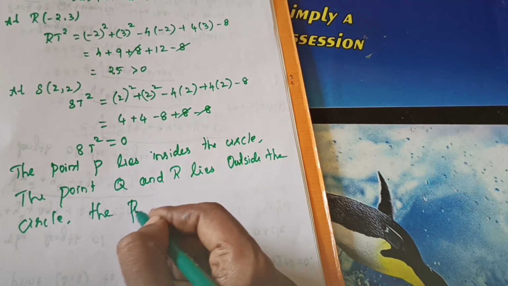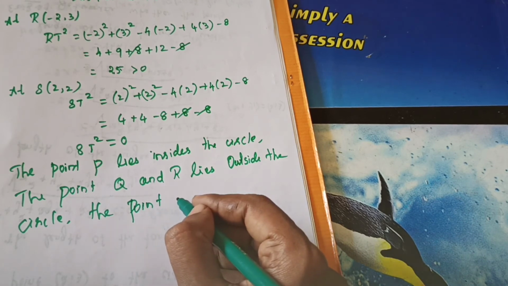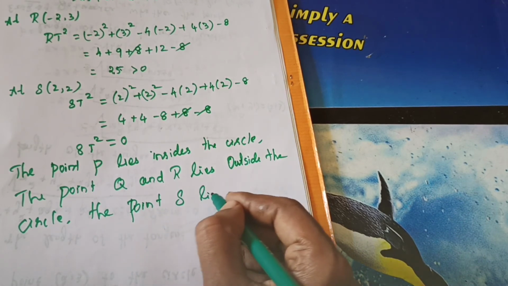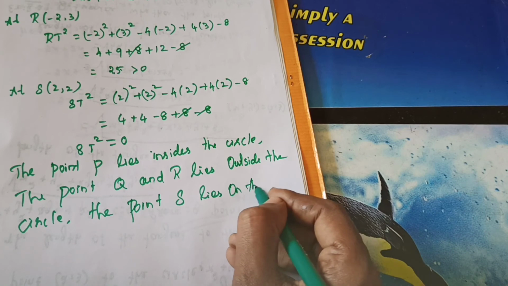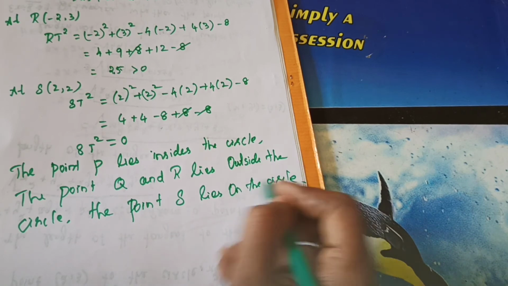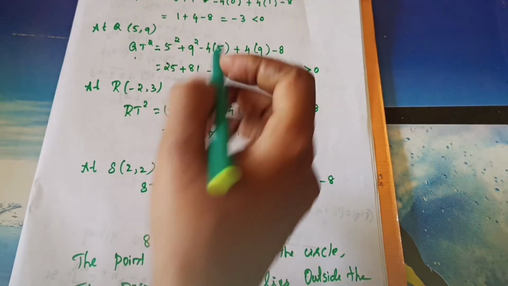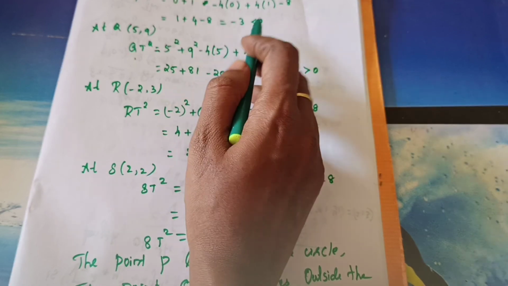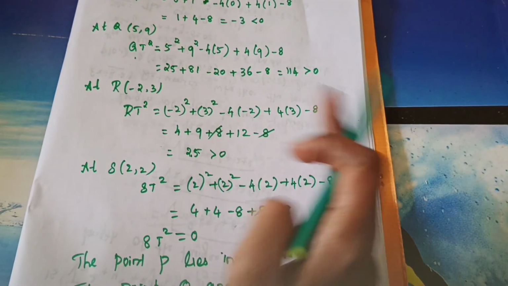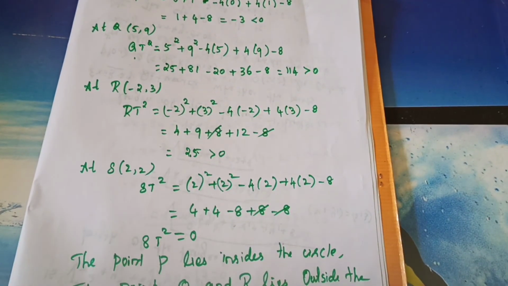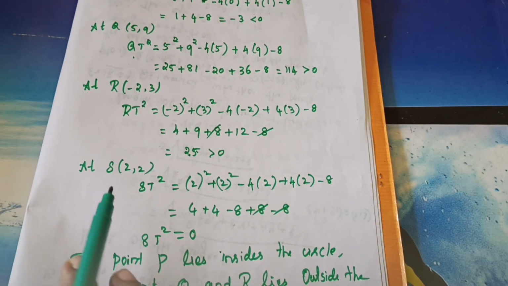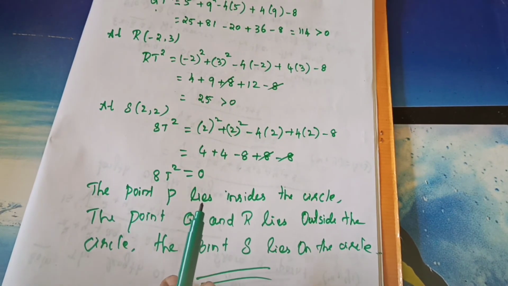The point S. So using the note, understand the point lies on the circle. Understand, students? So a negative value means lies inside the circle. These 2 points are outside the circle. Equal to 0 means lies on the circle. So you need to learn the note. Okay, using the note we completed.